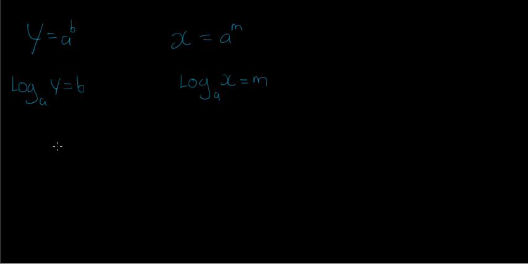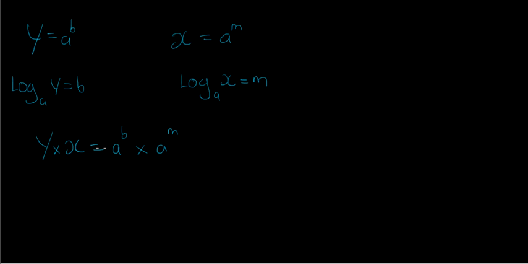So let's progress. I want to try a little fidgeting with these values. I want to see what happens if I multiply y by x. Well, I know y is a to the power b, and I also know that x is a to the power m.